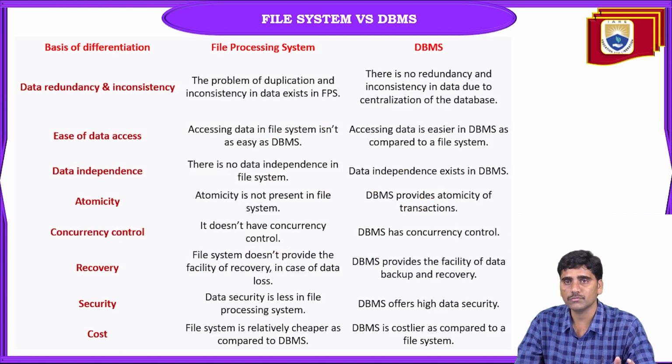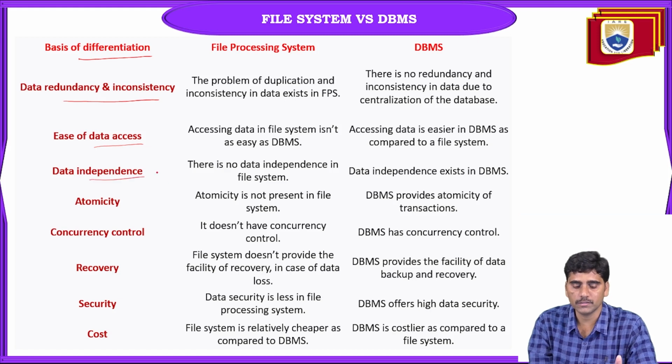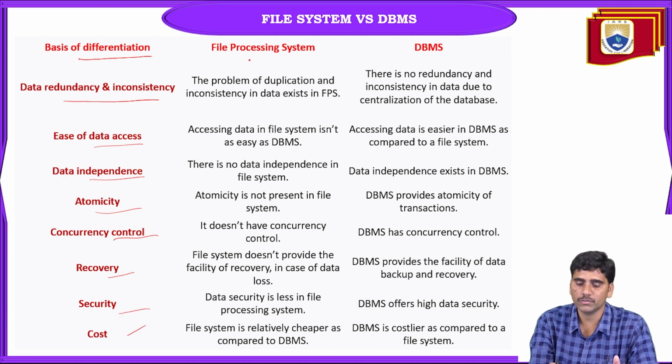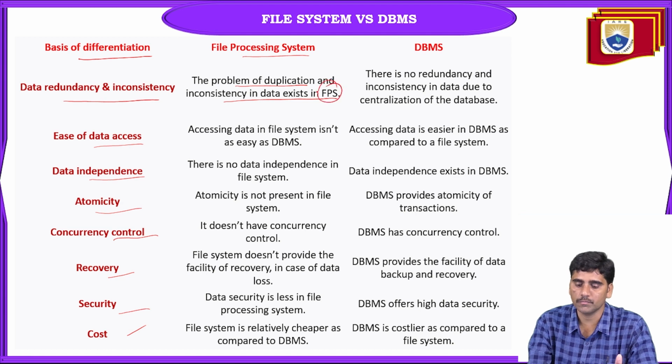And differences. What are the differences that we compare with the help of different terms? The basic differentiation is on data redundancy and inconsistency, ease of data access, data independence, atomicity, concurrency control, recovery, security, and cost. So for the file processing system, the problem of duplication and inconsistency in data exists in FPS, the file processing system.